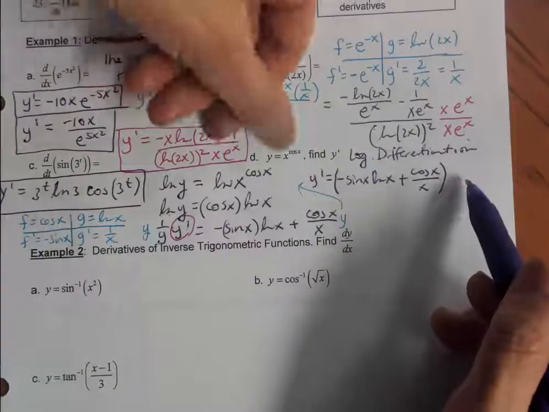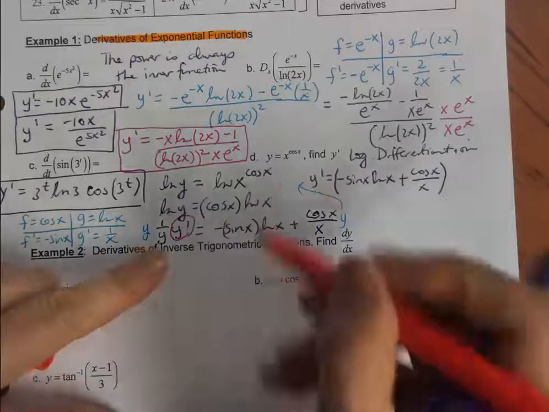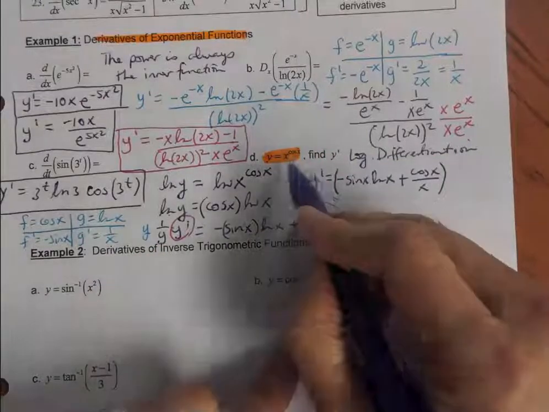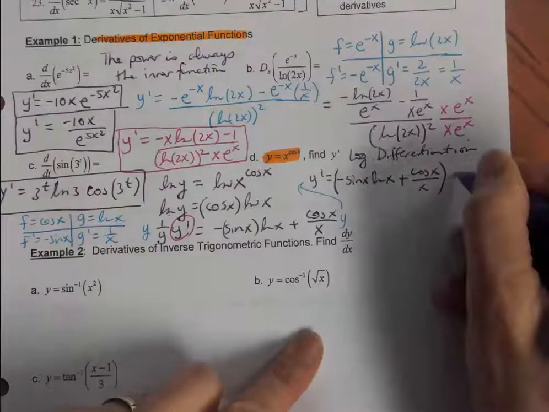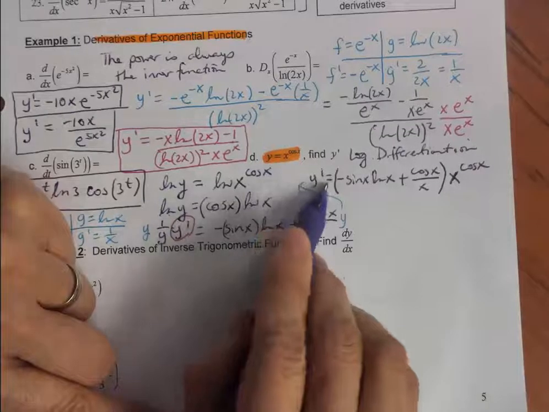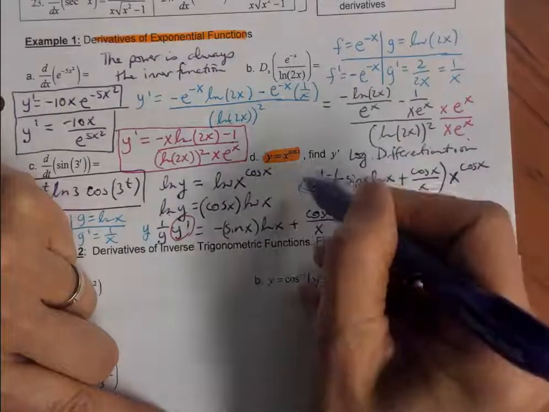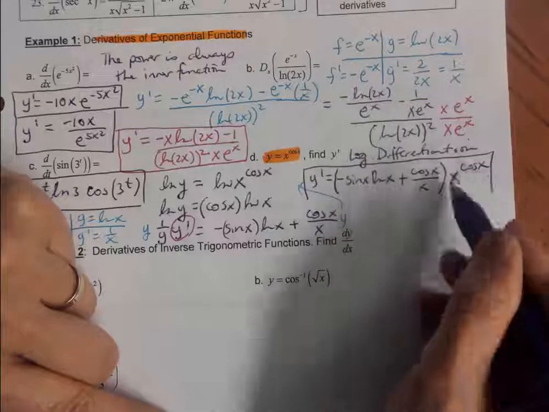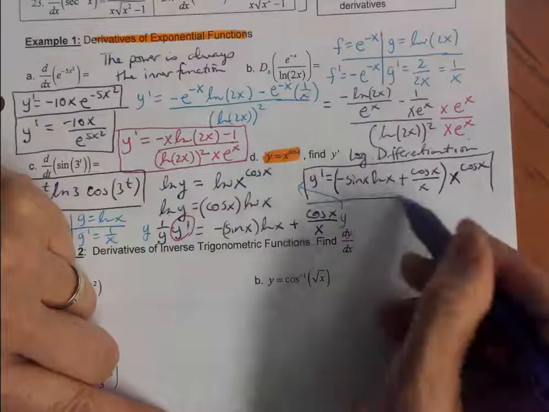Yeah, right here. Okay, so you have to go back to your original one right here, and instead of y, you'll want to put in x raised to the cosine of x. Now this can come out in front, or you could have it behind it. It doesn't matter because of the commutative property, but you want to rewrite y as x raised to the cosine of x, and then that would be an answer.